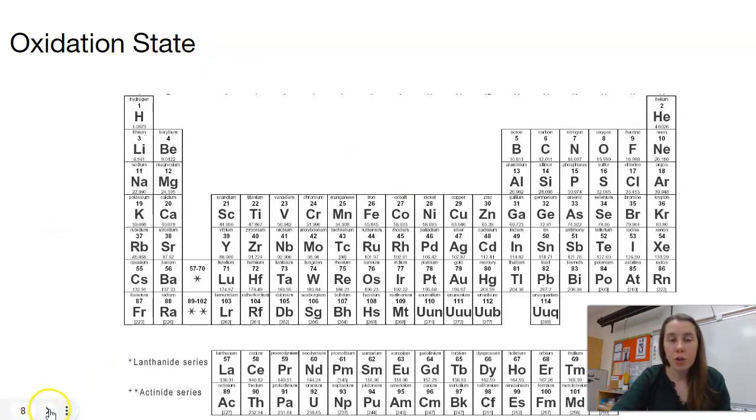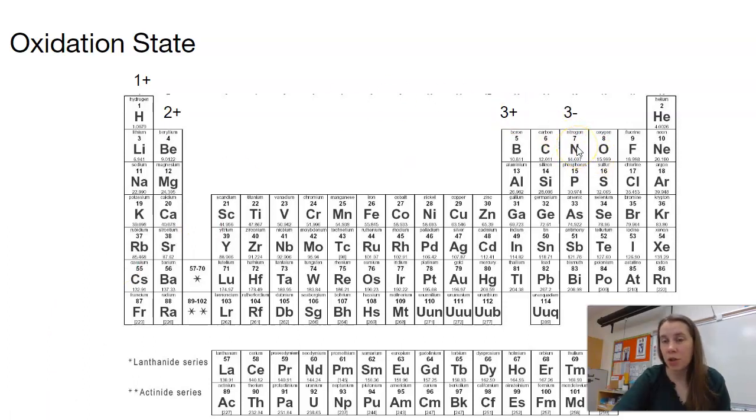For the first 3 columns, we only have 1, 2, or 3 valence electrons, so those will all give away those extra electrons to be +1, +2, or +3. The column with carbon is a little unusual. They tend to not make ionic compounds because 4 electrons is a lot to transfer. So they tend to just not transfer electrons, and they'll make different kinds of bonds, which we'll talk about later in this unit. But then we get to nitrogen.